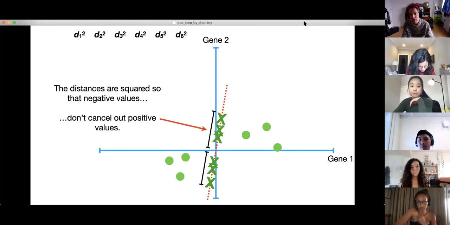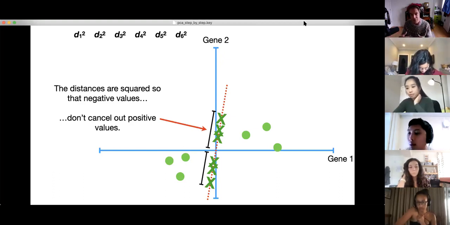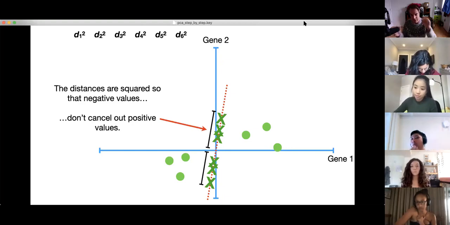This is a side note, not a main idea related to PCA, but oftentimes in data science, you'll see that we're squaring things all the time when we could, in theory, use the absolute value. One of the reasons we don't use the absolute value is it has a messy derivative at 0.